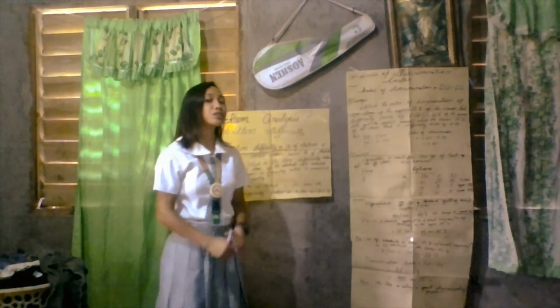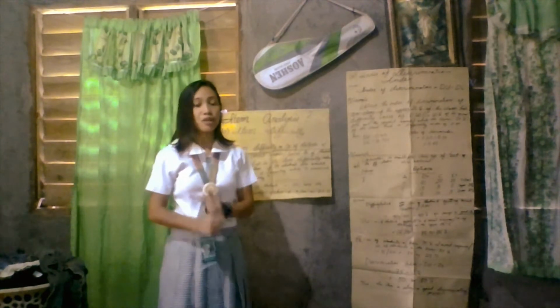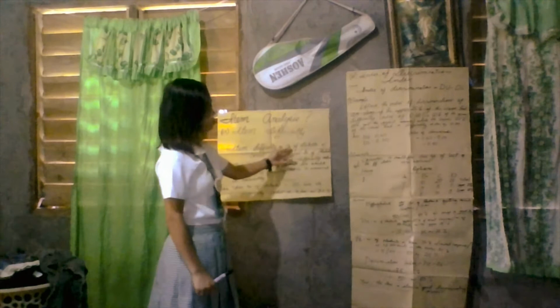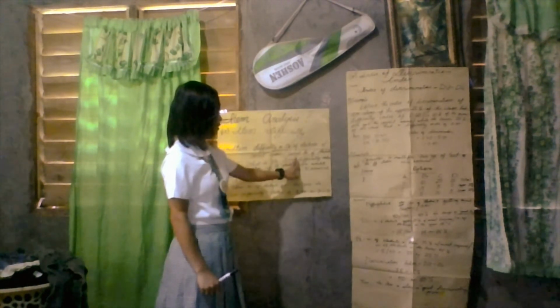To compute the item difficulty, divide the number of people answering the item correctly by the total number of people answering the item. So item difficulty equals the number of students with the correct answer divided by the total number of students.